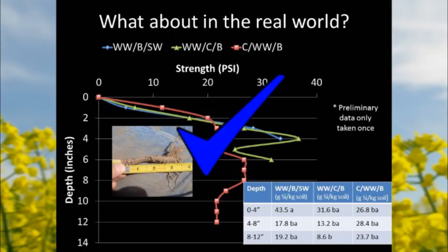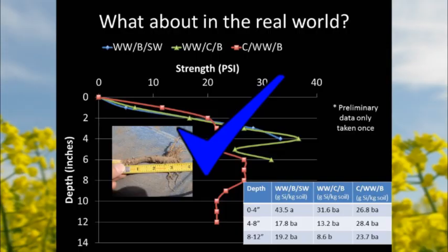But then down at these lower depths, there's not really much of a pattern, except in the canola rotation. It's pretty much the same all the way down. And so the theory is that the roots are breaking up these pans at about the 4 inch, and then farther down at about 6 inches, which is causing water to infiltrate more and nutrients to move farther down through the soil profile.